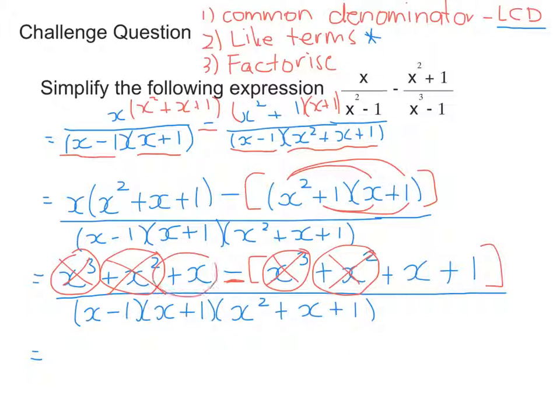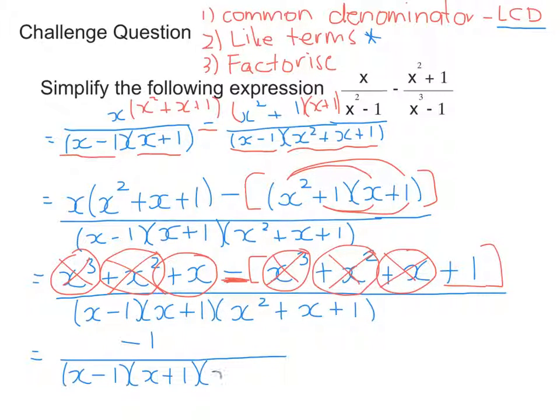We have x minus x, and so all we are left with is a negative 1 on the top of our fraction, which means although there are no more factors that we can cancel with this denominator, our most simple expression is written in its factorized format with a negative 1 on the top.